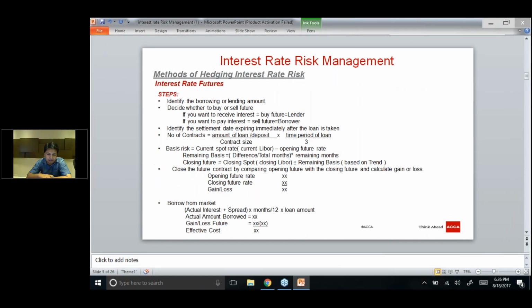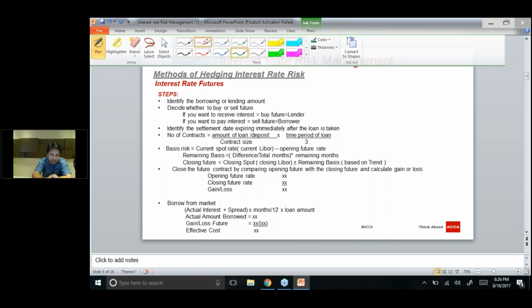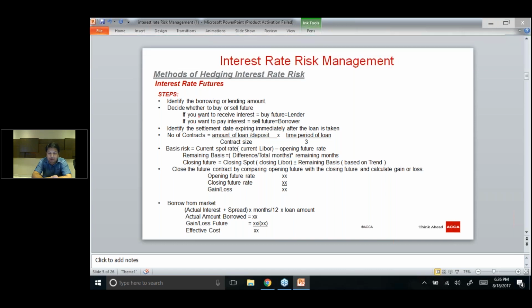The second step is decide whether to buy or sell future. Obviously, it will be very easy for you. If you want to receive interest, buy future. If you want to pay interest, sell future.